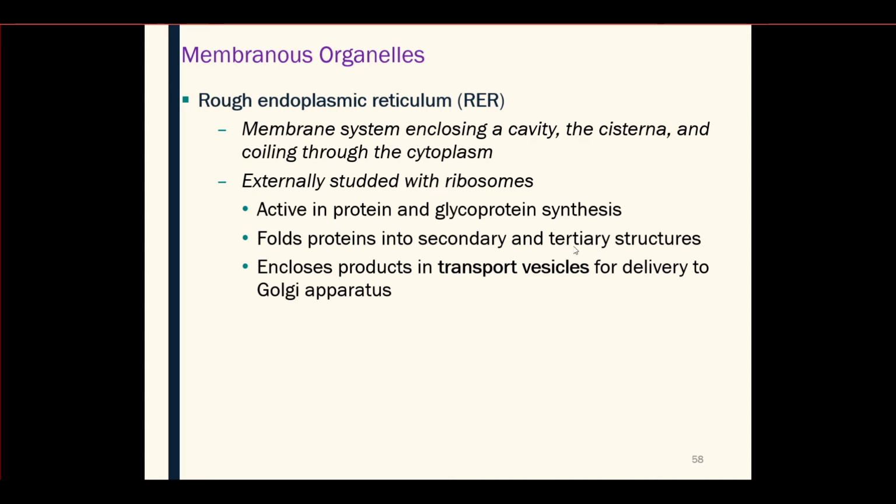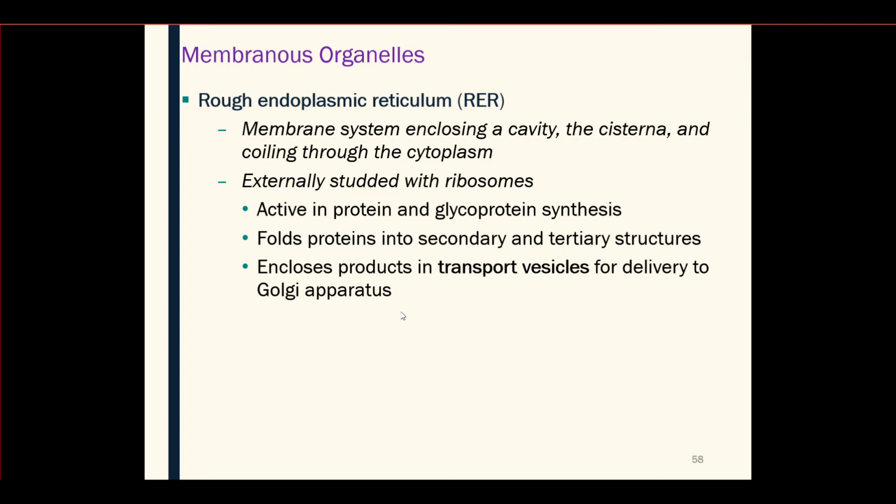The tertiary structure was how the whole protein folded on itself, and this was the active form of the protein. We're going to see that the rough ER is also going to take these proteins and put them into a little truck known as the transport vesicle and deliver it to another organelle known as the Golgi apparatus. So think of the endoplasmic reticulum as a factory. This rough ER, since it has ribosomes, what is this factory producing?